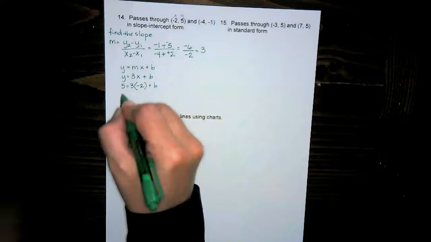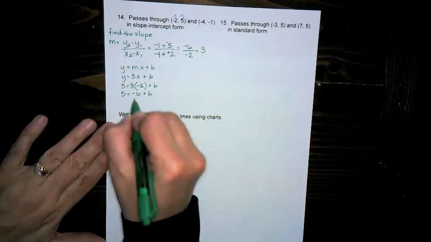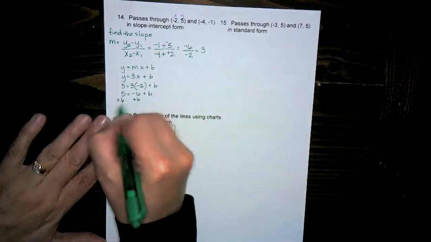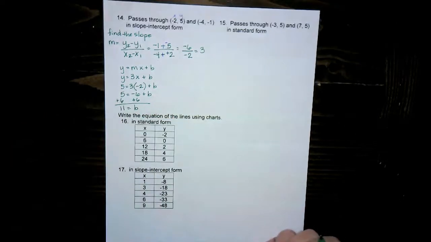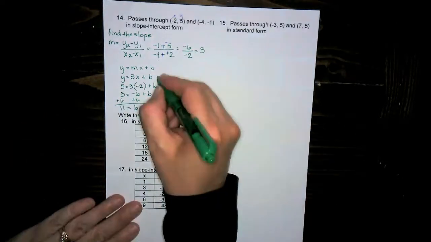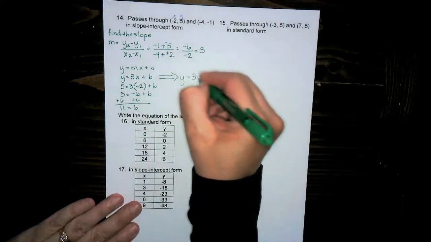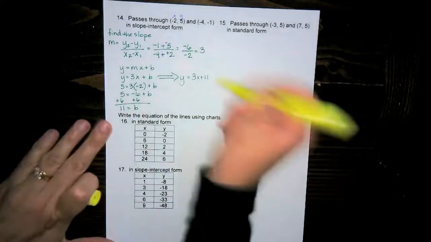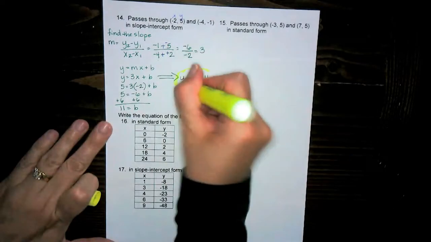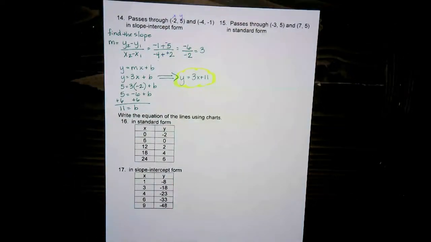Okay, so 3 times -2 gives you -6. And then I want you to add 6 to both sides, and we get that b is 11. Remember, that's not our answer. Our answer is what we get when we put that b into our equation. And this is our final answer. Okay. All right, let's do one with standard form.